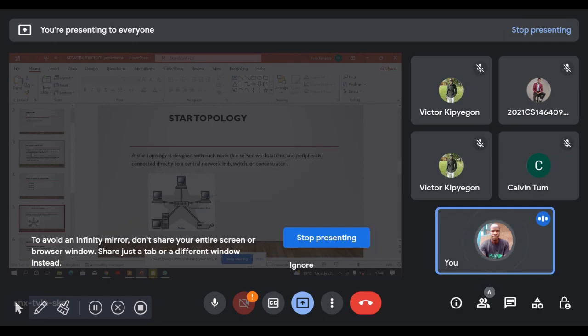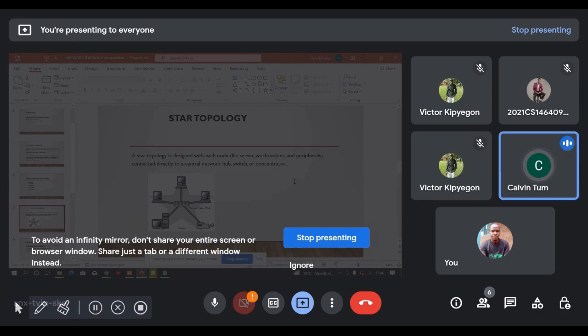A star topology. Sly, can you read for us what is a star topology? A star topology is designed with nodes, file server, workstation, and peripherals connected directly to a central network hub, switch, or concentrator.